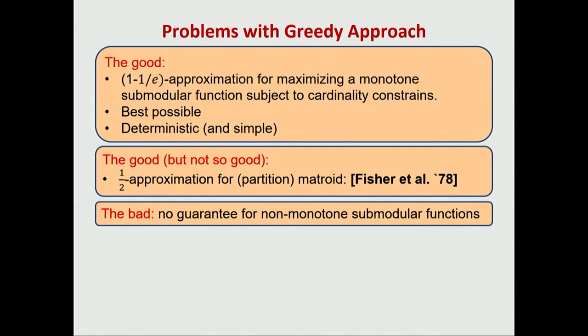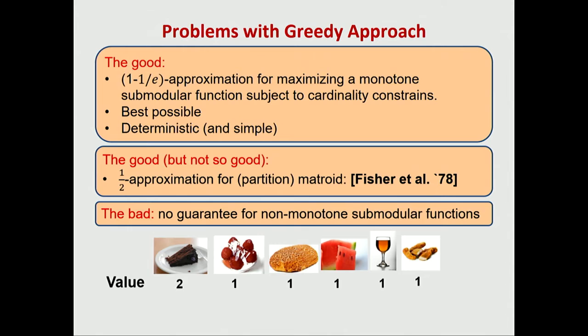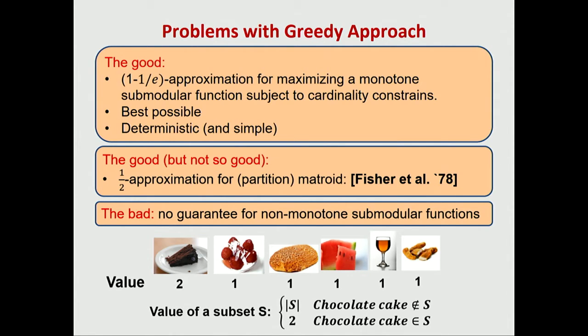So let's see why, and we will try to fix it. Here are the dishes in the restaurant. And as you know, chocolate cake is the best dish in the restaurant. This one has value 2 over the empty subset, and all the others have value 1, right? So the greedy algorithm just considers these values and will choose the chocolate cake right away. But here is the whole function. All the other dishes really combine well. So if you choose 2 of them or 3 of them, you will get the number of dishes that you choose.